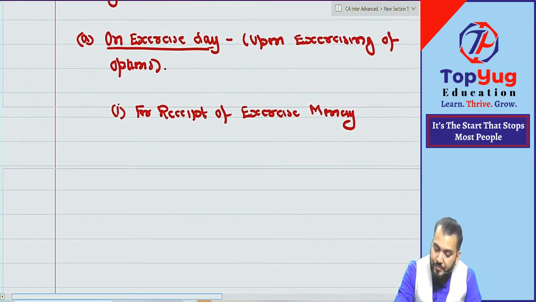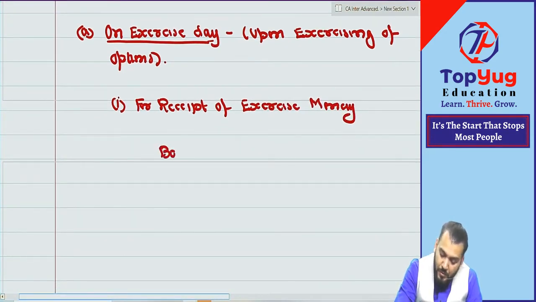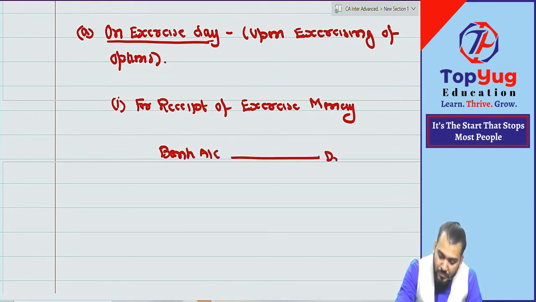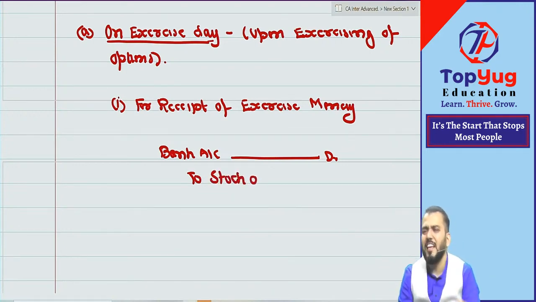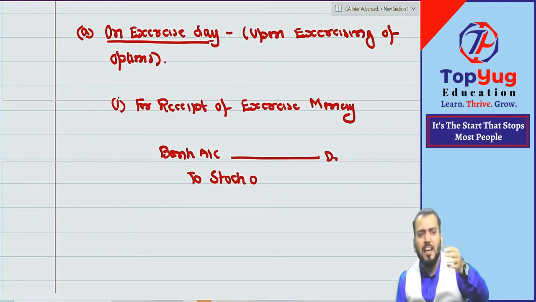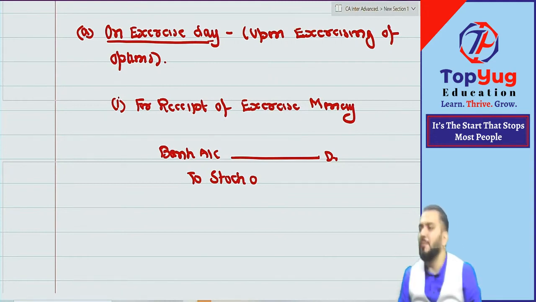What journal entry? Bank account debit. First you will accumulate in which account? It is just like share application account. You have done an application. First we accumulate all amount received in application account. Then we transfer it to capital account.